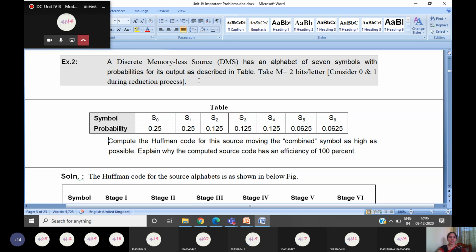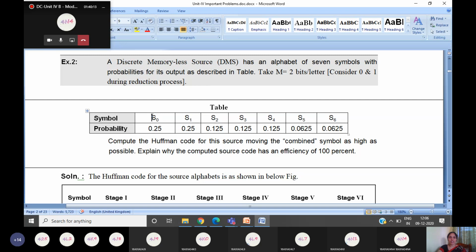Also remember that the same expressions will be used here, because both are lossless and entropy based source encoding processes. For both the Shannon Fano and Huffman coding methods, the efficiency equations and the code word length equations are all the same.